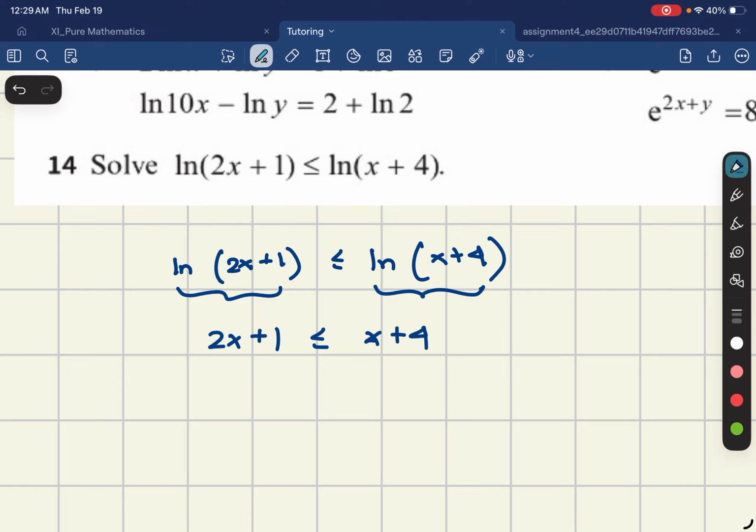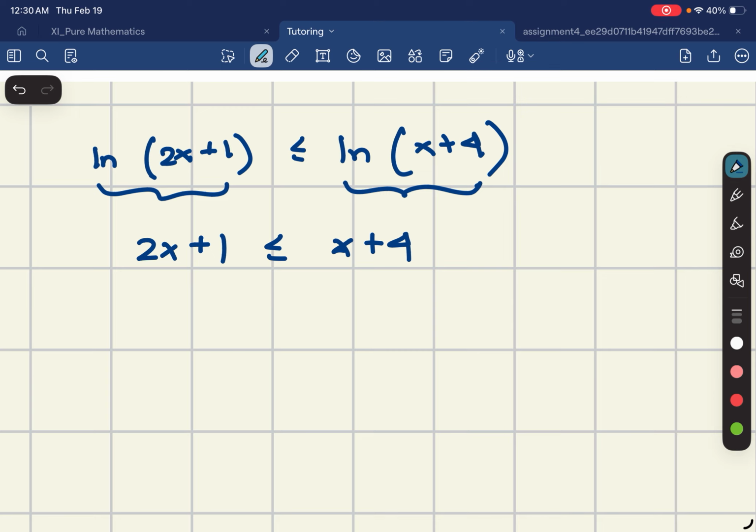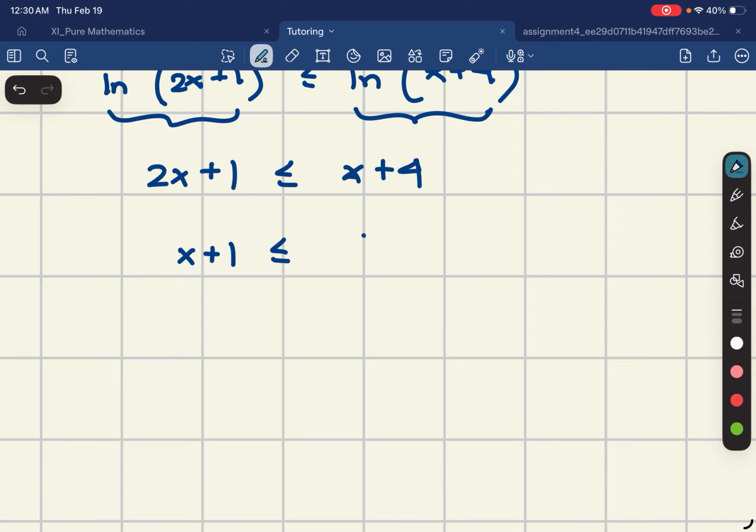Because remember, a logarithmic function is an increasing function if the base is bigger than 1. And e is bigger than 1. So we have 2x plus 1 is less than or equal to x plus 4. And this is very easy. If you subtract x from both sides, you get x plus 1 less than or equal to 4. And then you go x is less than or equal to 3.